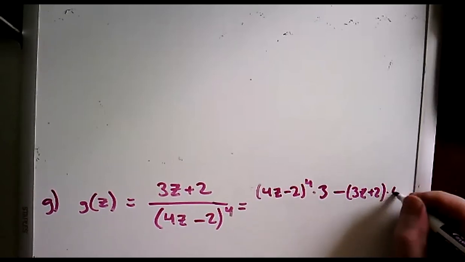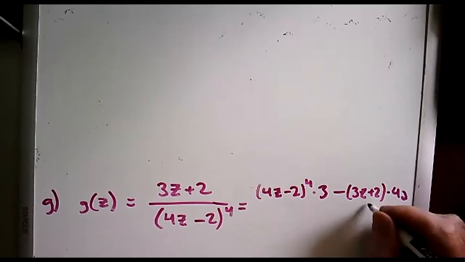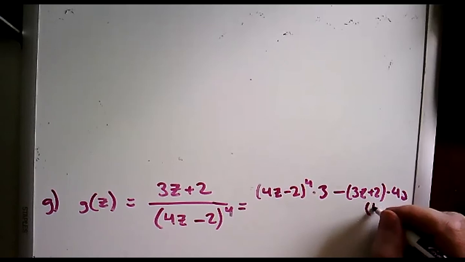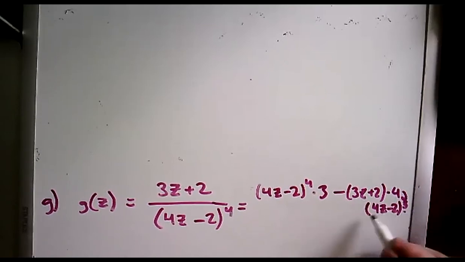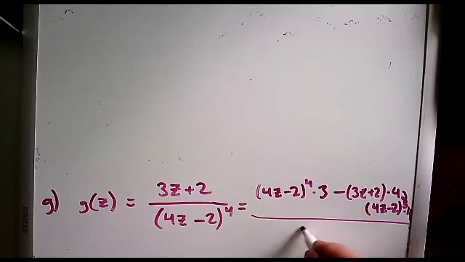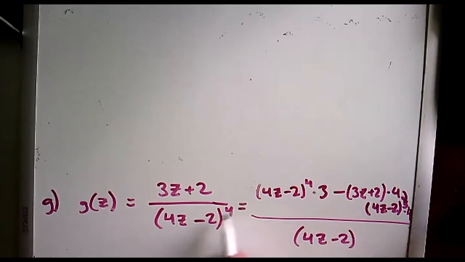So times 4, I'm going to have to cheat here, just like go down here a little bit. So 4 times 4z minus 2 to the third power times the derivative of the inside, 4. It's getting a little bit messy, and then the whole thing is over 4z minus 2 to the 8th power, right? Because we'd be taking the lower and squaring it. It's kind of a mess.